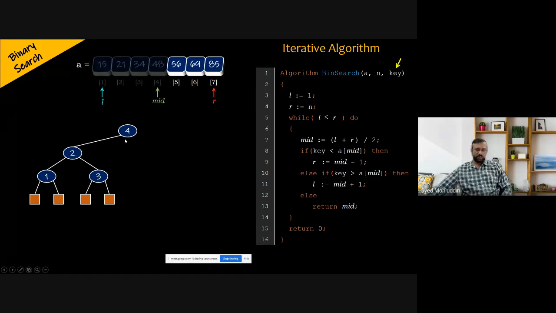Then what about the right side? Every mid index to the left of index 4 is computed. Now let us see what is there on the right side. On the right side, L moves to mid plus 1, and we have 6 as the mid index.